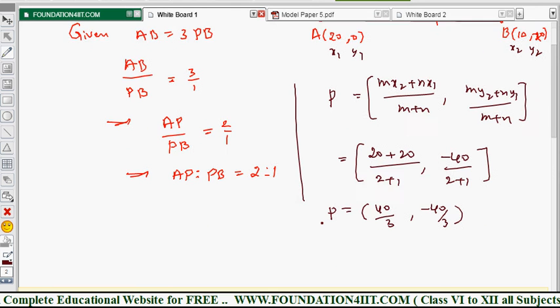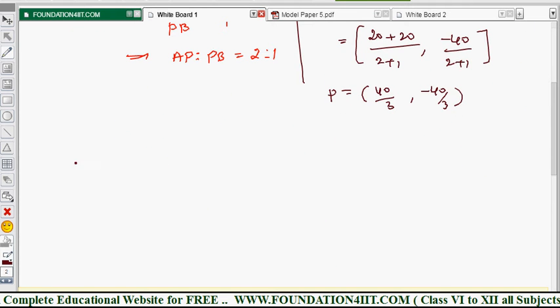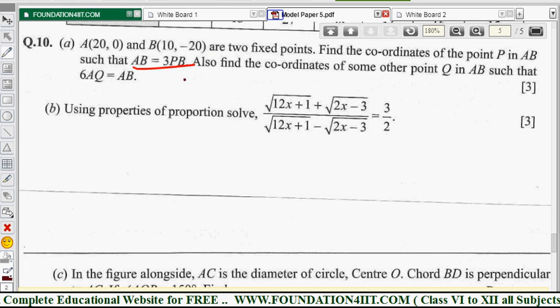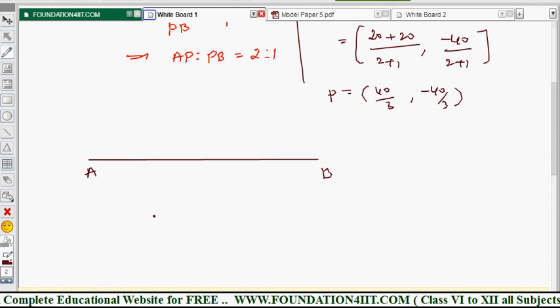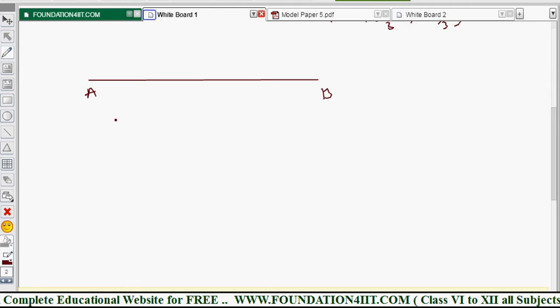Now one more condition. For the second, take the line again. AB are the fixed points, A and B. According to the condition, 6AQ = AB. From this AQ by AB is equals to 1 by 6.